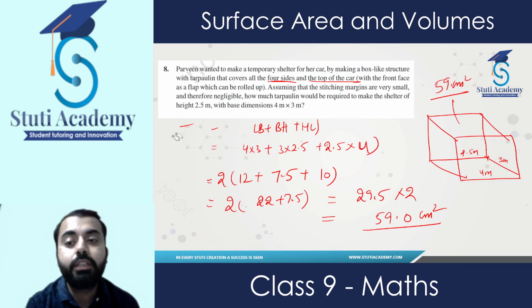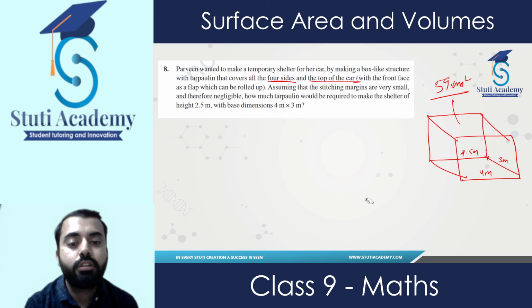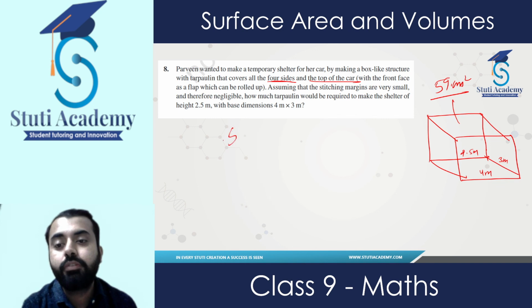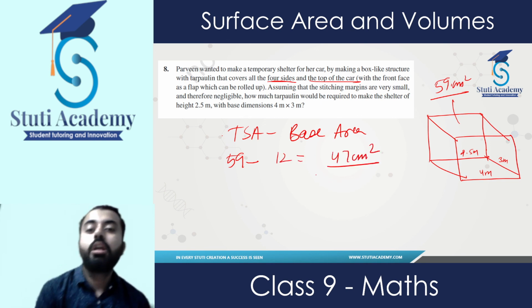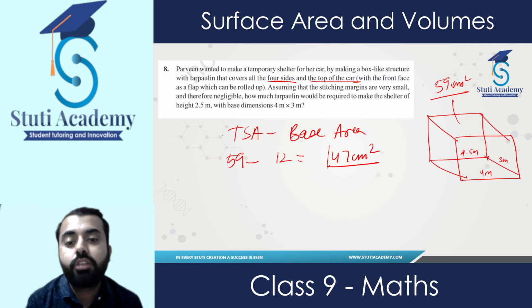I will subtract the base area from my total area. So it is TSA minus the base area, which is 12. So the total area of the tarpaulin required was the result. Right. This was method one.